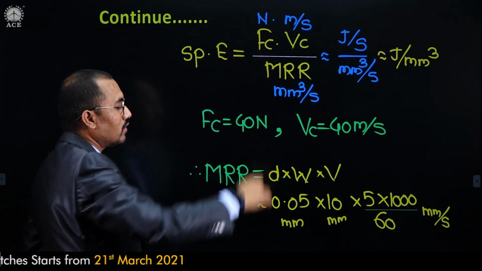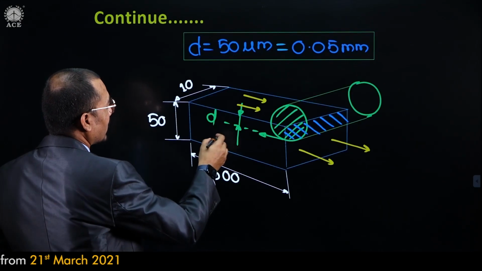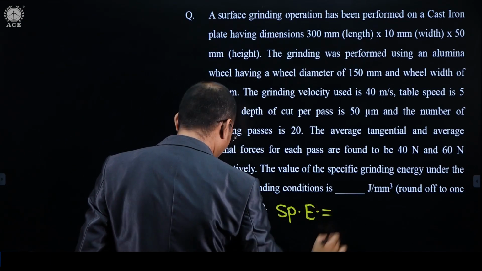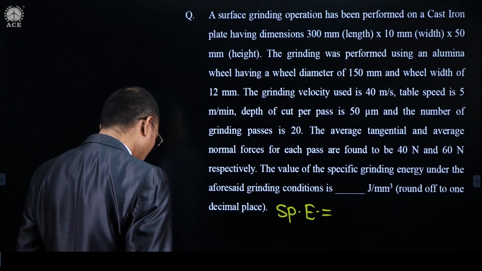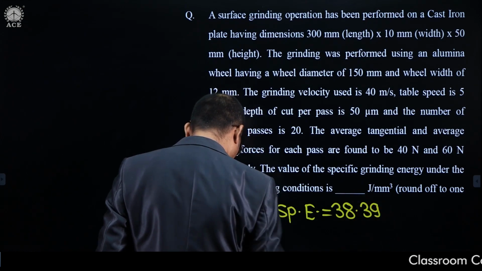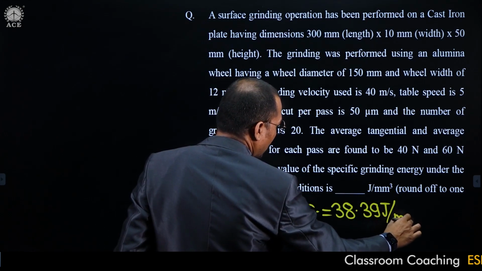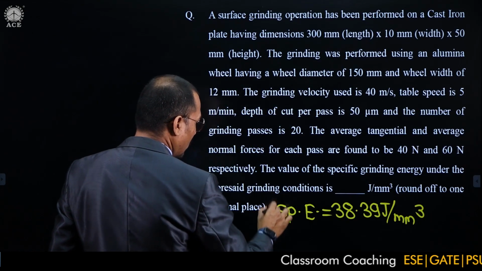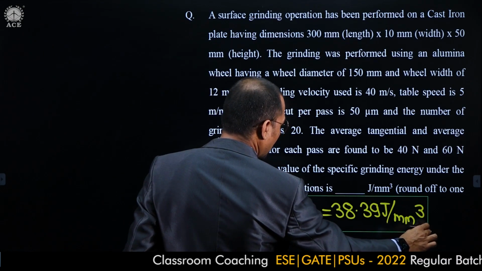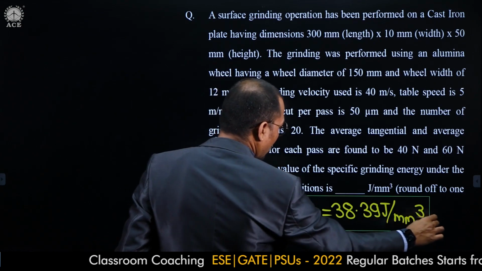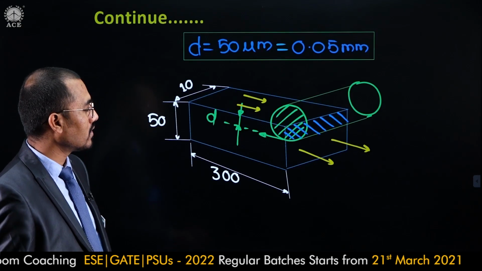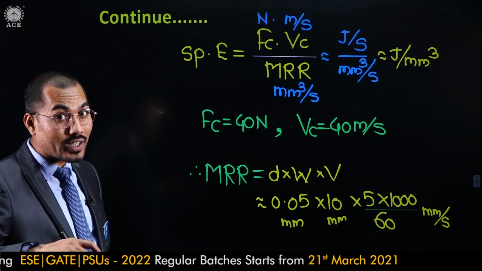So now if you put all these values there, directly here you would be able to calculate specific energy: 38.39 joule per millimeter cube. This is the specific energy you are going to get. As simple as that, a demonstration, and you have to put the values there and calculate the answer.